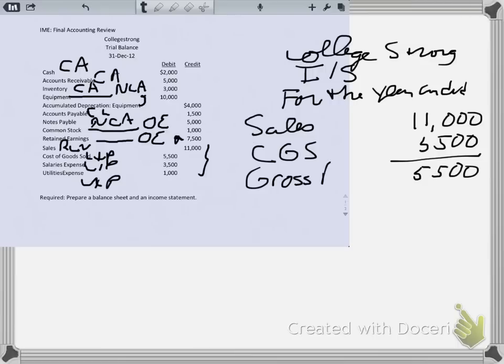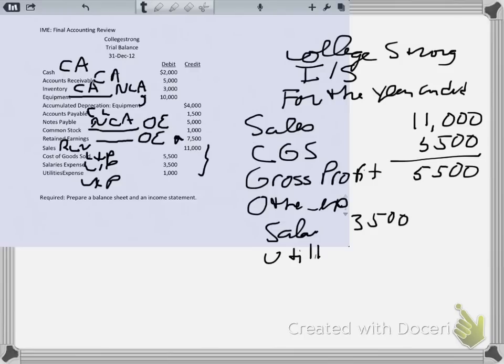This is an important term that you really need to make sure you know. From our gross profit, we subtract out other expenses. That's where we have salary expense of $3,500 and utilities expense of $1,000.